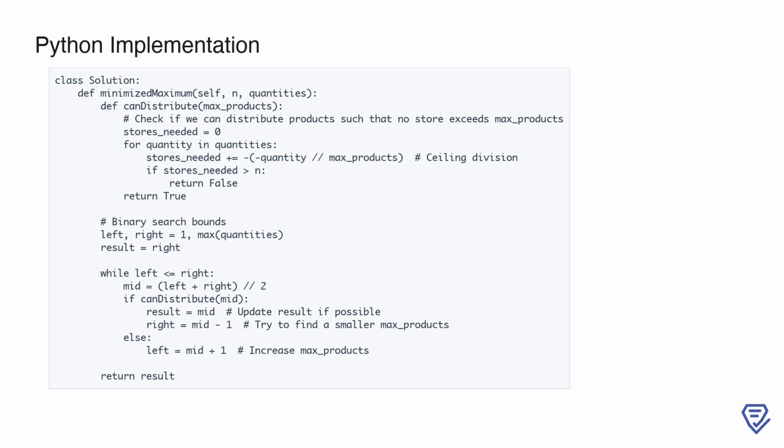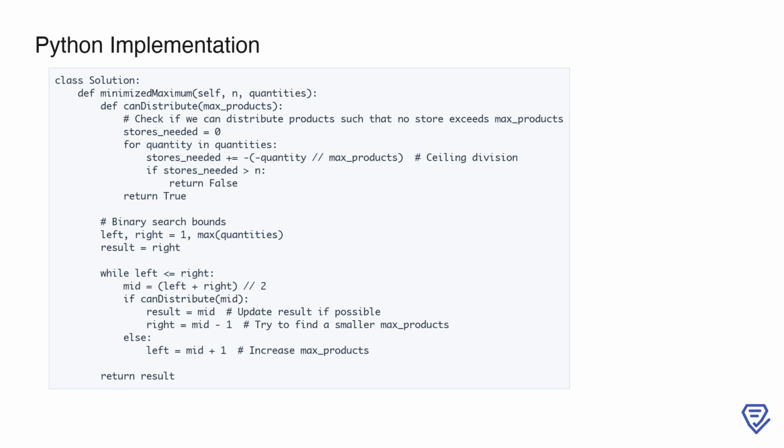3. Binary search execution. The algorithm repeatedly calculates the midpoint, mid, of the current range to test as a candidate for max_products. If canDistribute(mid) returns true, it updates the result and narrows the search to smaller values, right equals mid - 1. Otherwise, it increases the lower bound, left equals mid + 1. 4. Result.